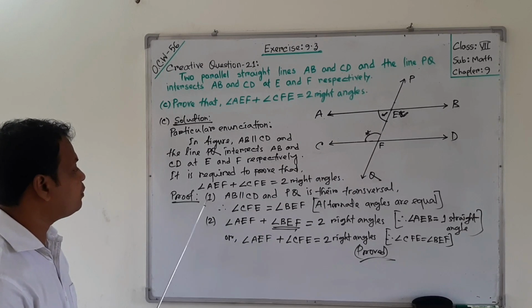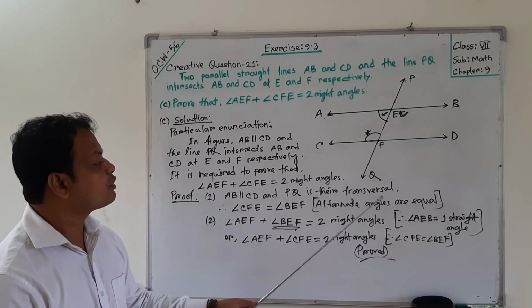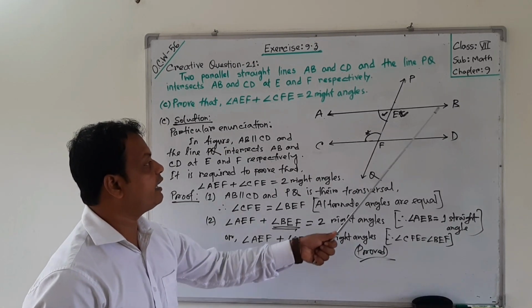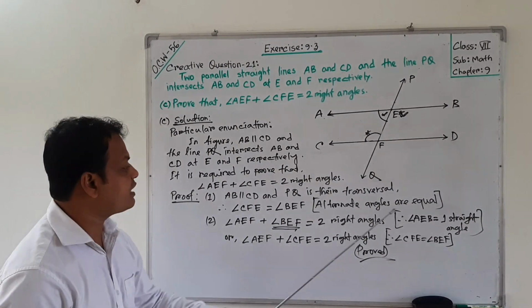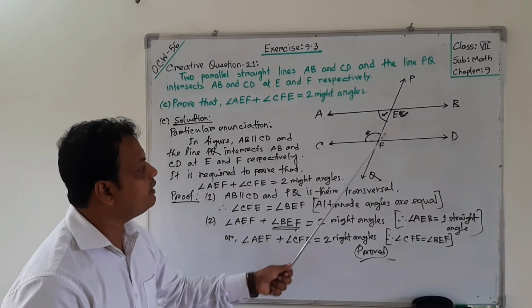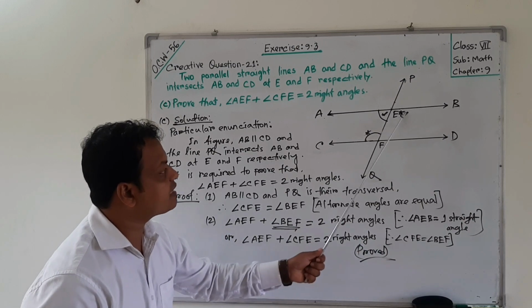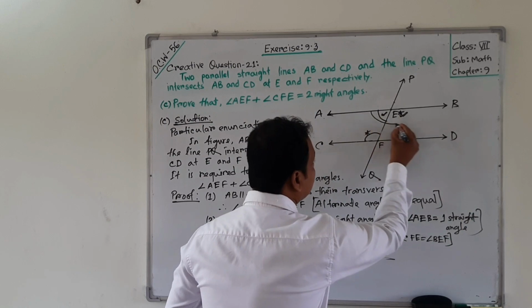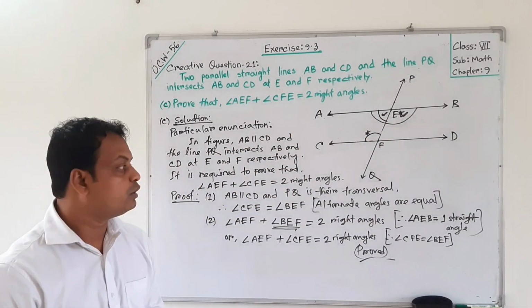Now we will write the proof. Step 1: AB is parallel to CD and PQ is their transversal. So angle CFE and angle BEF are equal because they are alternate angles. Alternate angles are equal. In the second point, angle AEF plus angle BEF sum to one straight angle, and one straight angle equals two right angles.